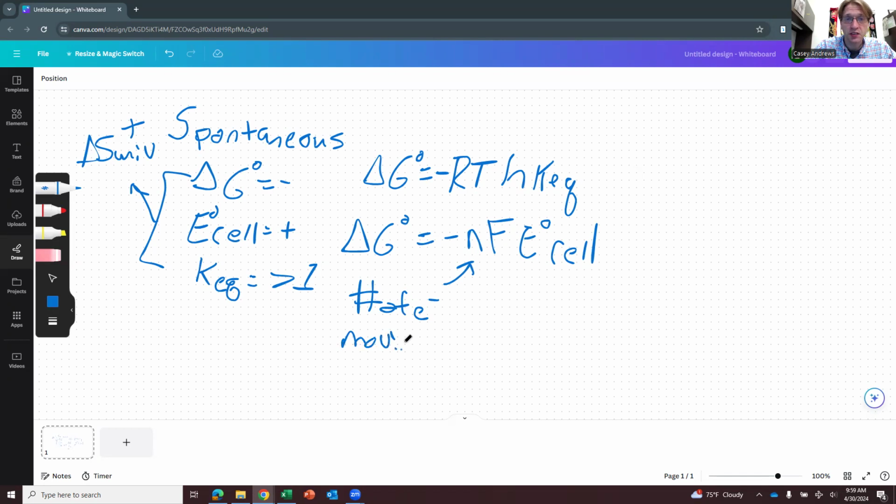moving in the reaction. So remember, when we do E cell calculations, that's a redox reaction. So we're looking at the number of electrons moving. E cell, right? We already calculated that, right? That's your cathode minus your anode. And F, we have actually used before already. That is Faraday's constant.